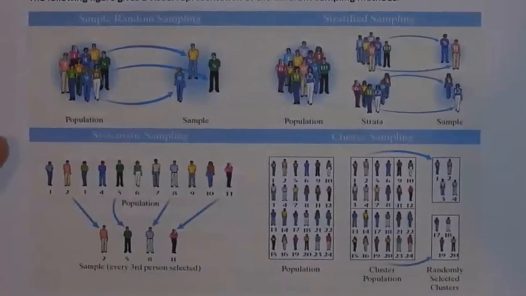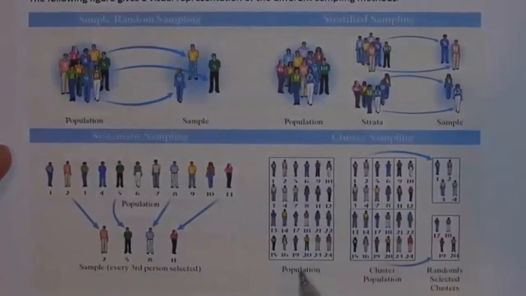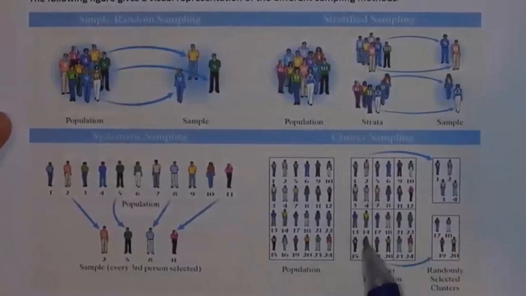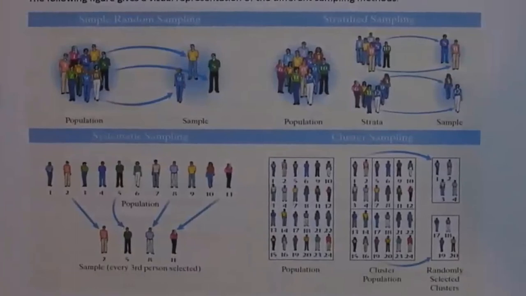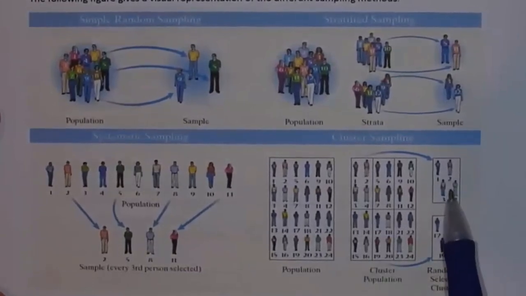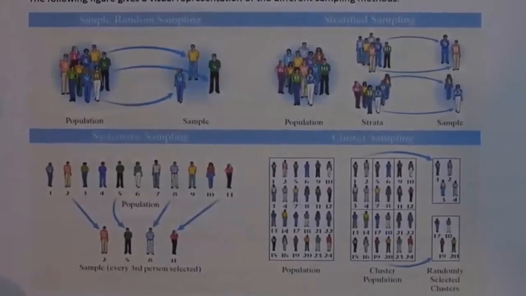And cluster sampling, we take our population and we divide the population into subgroups. Our population here, we've divided it into 6 subgroups, and then we pick some entire groups. So this subgroup got picked. All of the individuals from that subgroup are going to go in my sample. This subgroup got picked. All of the individuals from that subgroup are going to go into my sample. So we're literally picking clusters of individuals, which is why it's called a cluster sample.